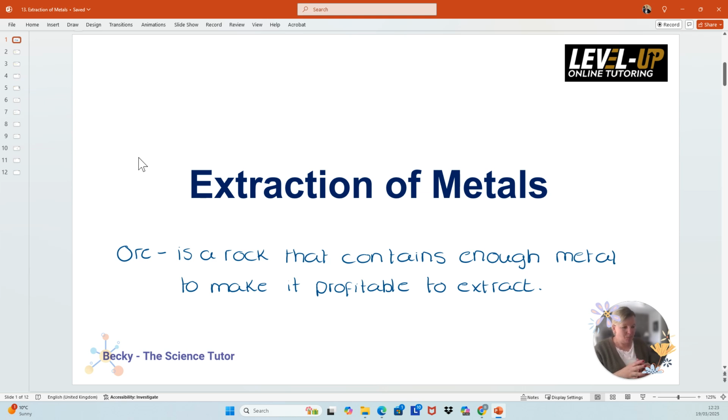So for example, we've got an aluminium ore that is called bauxite, and that is basically aluminium oxide. And when we look at electrolysis in a future session, we'll look at how we extract that aluminium from that aluminium oxide.